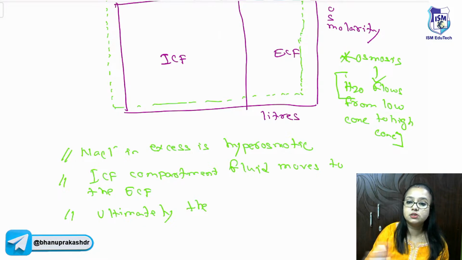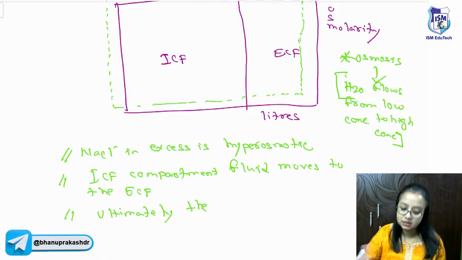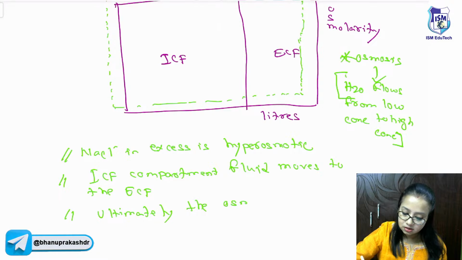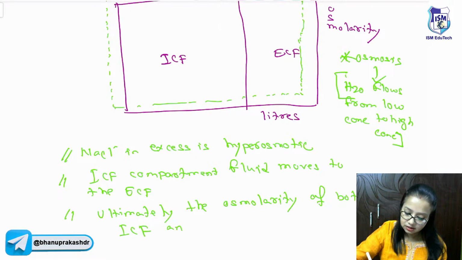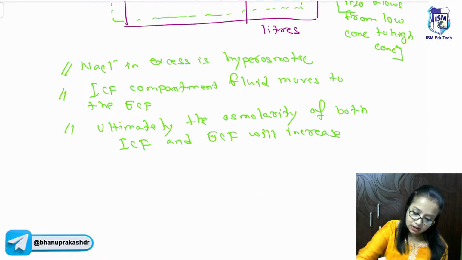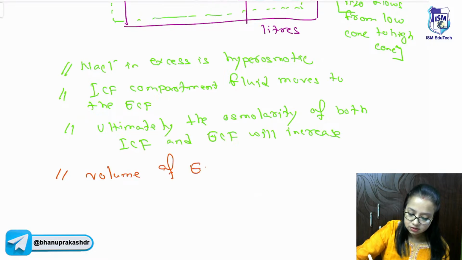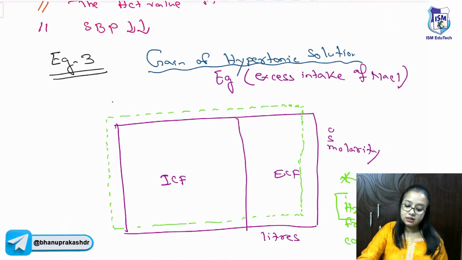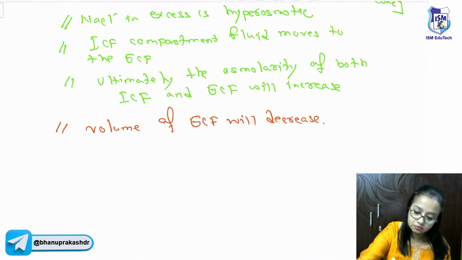So through this movement of fluid back and forth between ECF and ICF, ultimately the osmolarity of both ICF and ECF will increase, and the volume of ECF will decrease. This is what will happen when there is gain of hypertonic fluid.